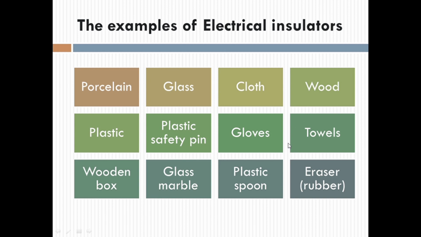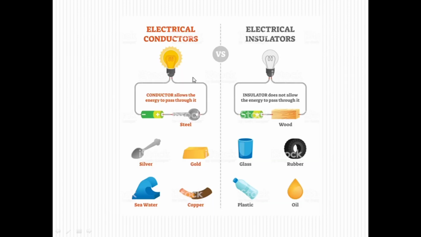Here are the conclusions. Remember, if you connect with electrical conductors like steel, silver, gold, seawater, and copper, it's possible for the electricity to transfer the energy to the bulb. But if you connect the electric circuit with electrical insulators like wood, glass, rubber, plastic, and oil, it's impossible for the lamp to be on.